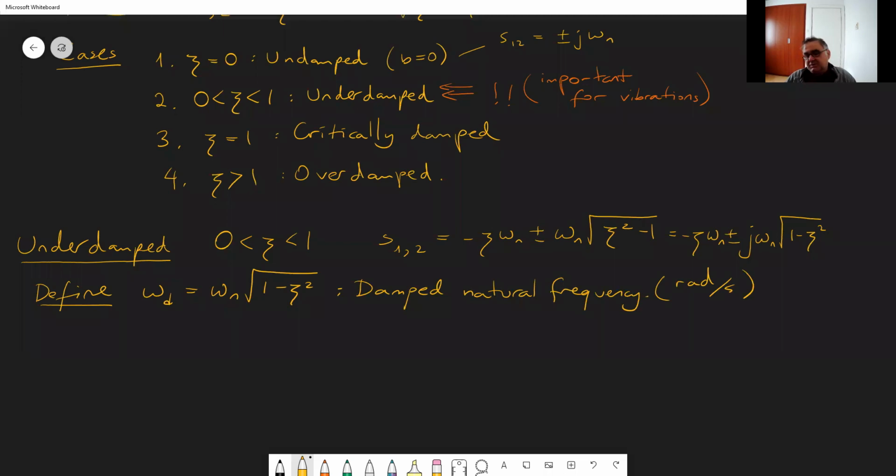So a damped system is going to oscillate with this frequency, not with omega n, but rather with omega d, as we will be seeing.